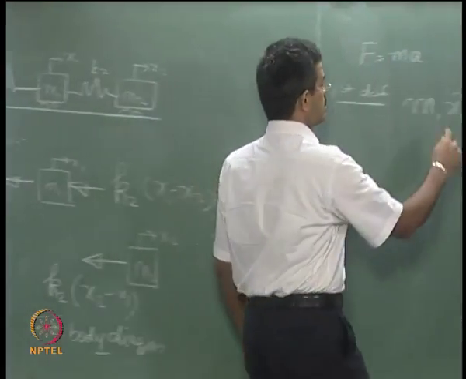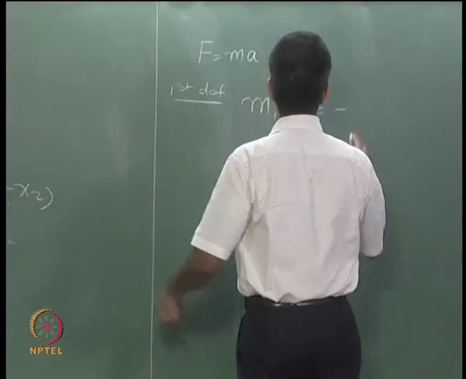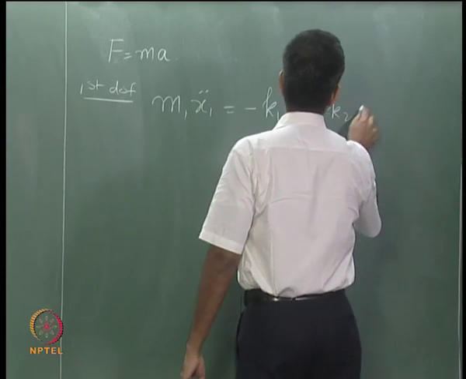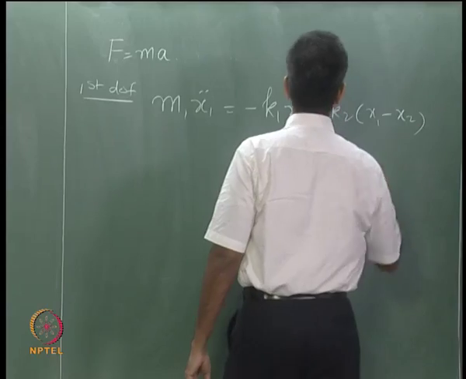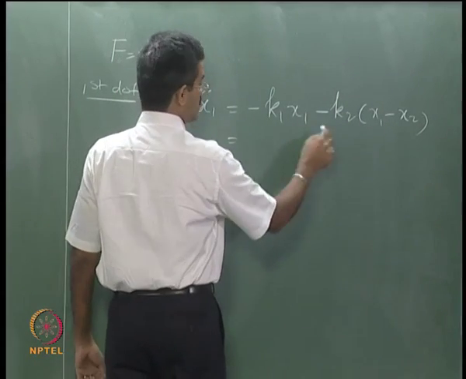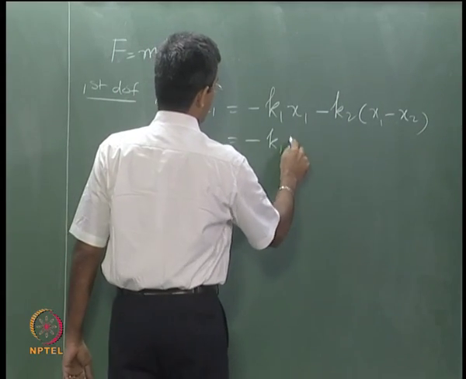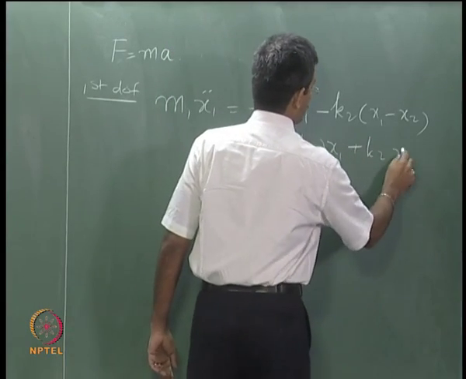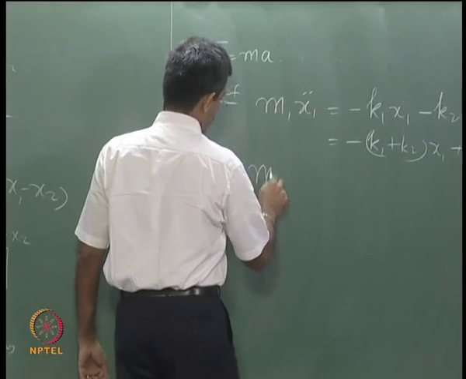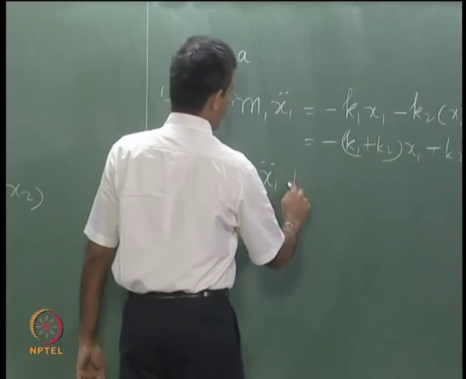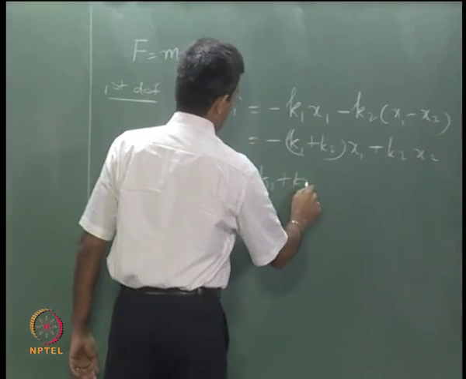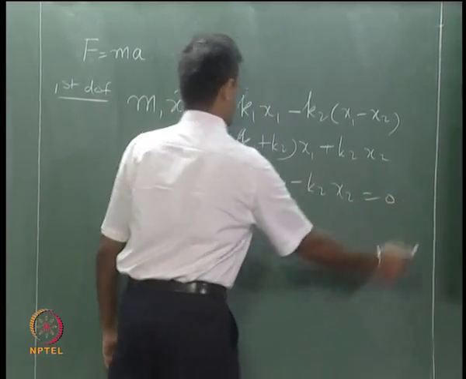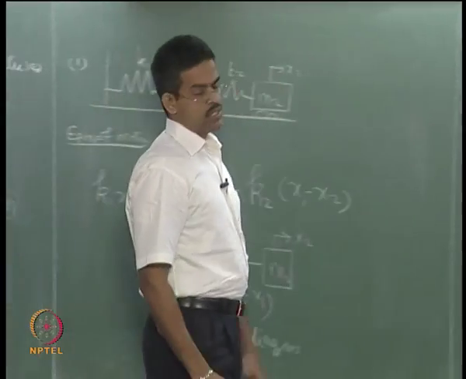Therefore I must say this is equal to minus K1 x1 minus K2 of x1 minus x2. I pick up the x1 coordinate separately. I say minus of K1 plus K2 of x1 plus K2 of x2. Bring it to the left. So m1 x1 double dot plus K1 plus K2 of x1 minus K2 of x2 is 0. This is my first equation of motion.